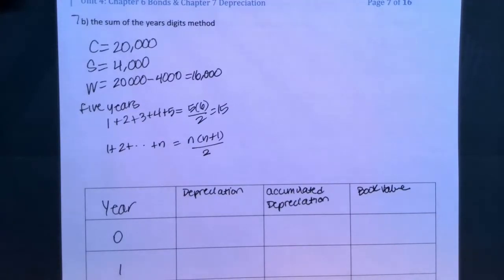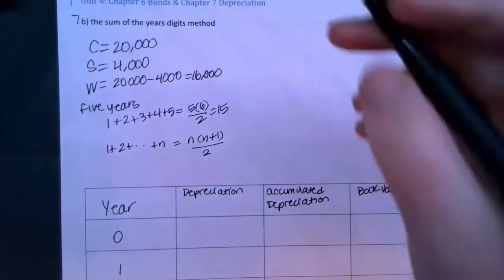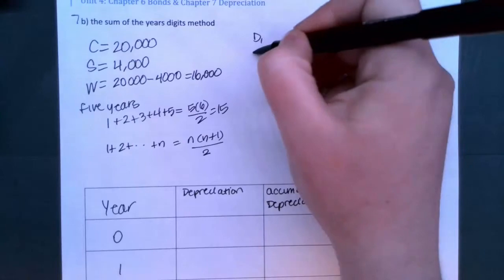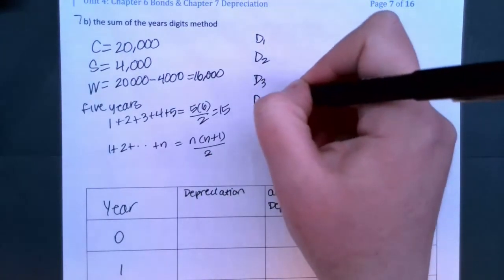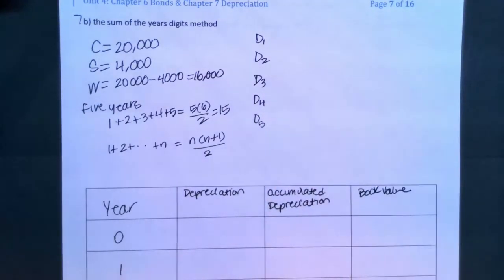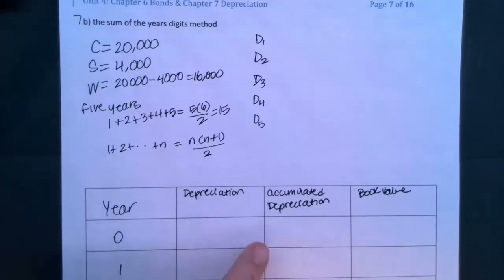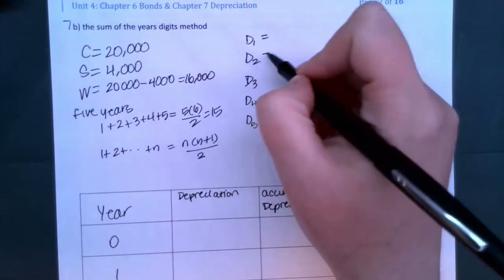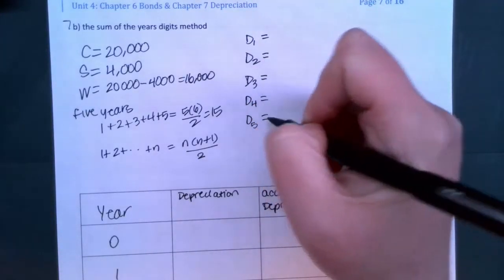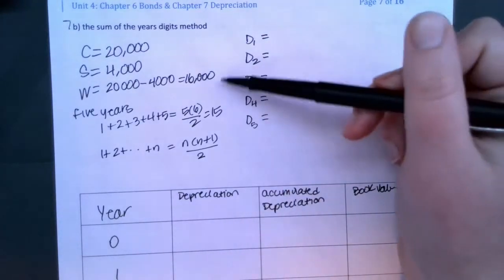Now from here, what we're going to think about is on our table, the depreciation, we go in reverse order. So we're going to have the depreciation for the first year, second year, third year, fourth year, and the fifth year. And again, remember, all of those, when we add them together in our accumulated depreciation, have to equal our wearing value. So for D1, all of these are going to be a fraction multiplied by our wearing value.